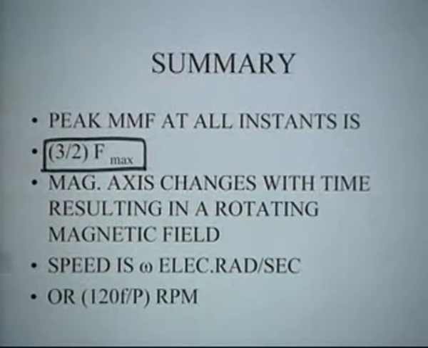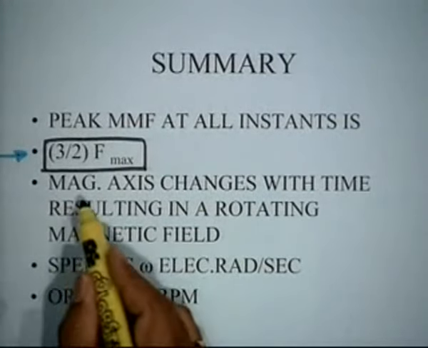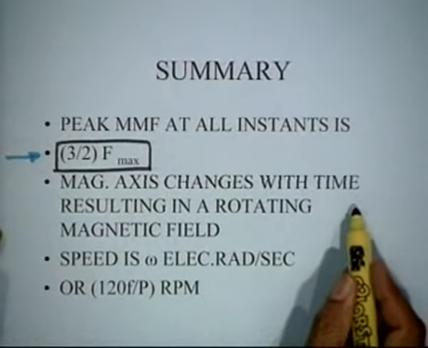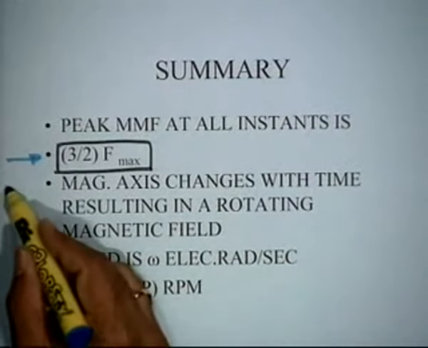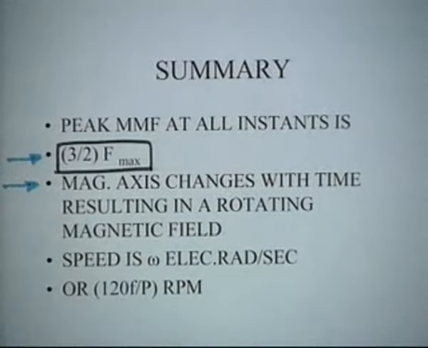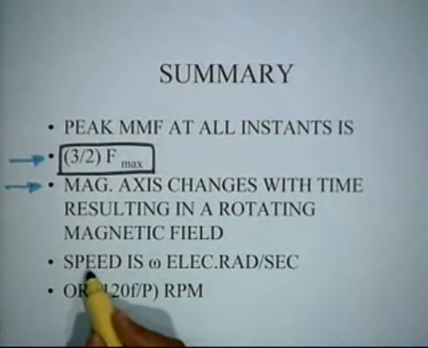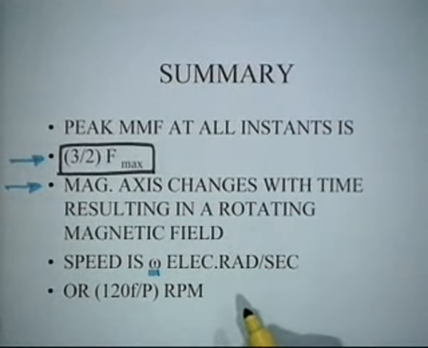The next conclusion is that the magnetic axis changes with time. It goes on rotating, resulting in a rotating magnetic field. This is the second conclusion, right? And the speed of rotation is omega electrical radians per second.